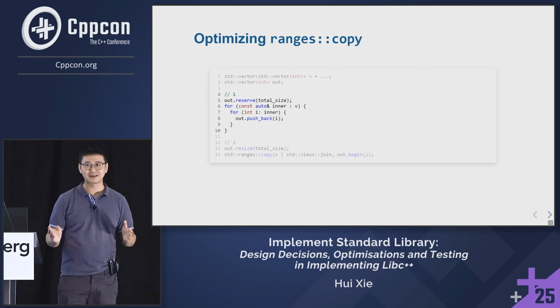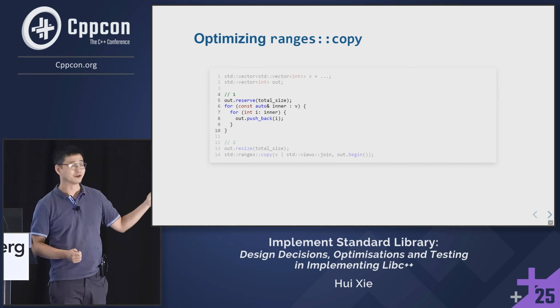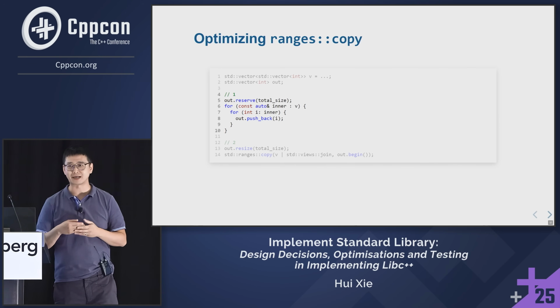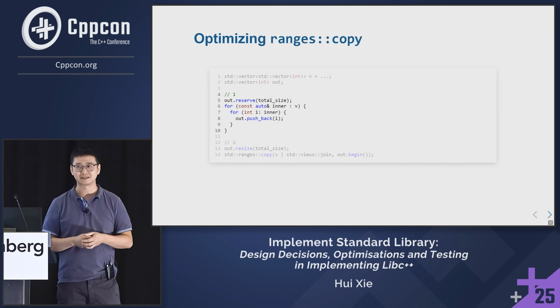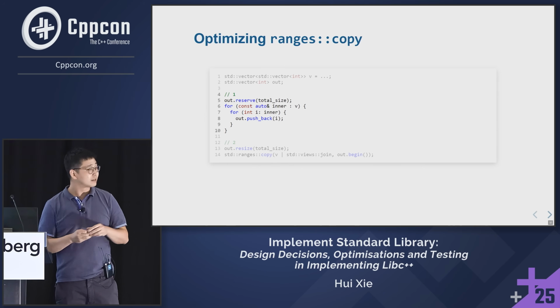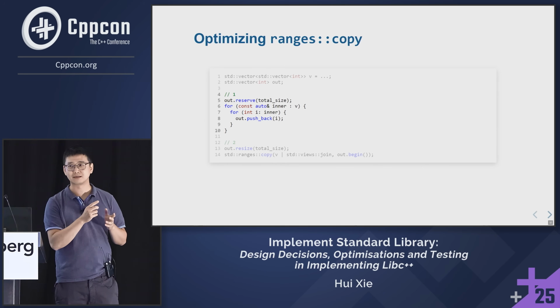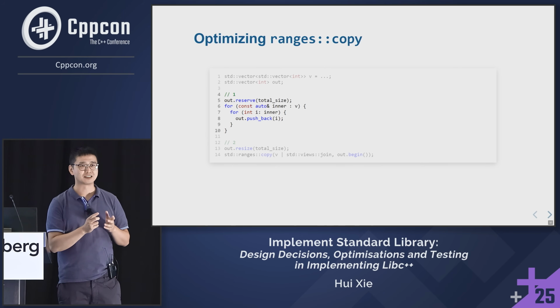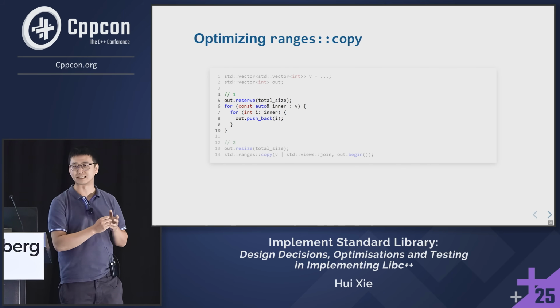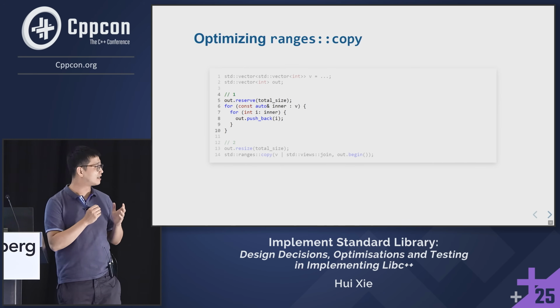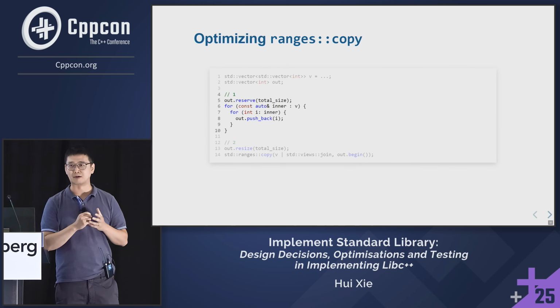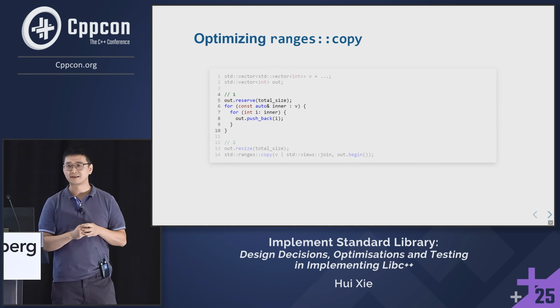A natural way is you would write a nested for loop like this and keep calling push_back, with a reserve of course. And because in this case our inner loop is iterating over a vector, it's already contiguous, so our compiler can already vectorize this operation. So in theory, it should already get optimal performance.